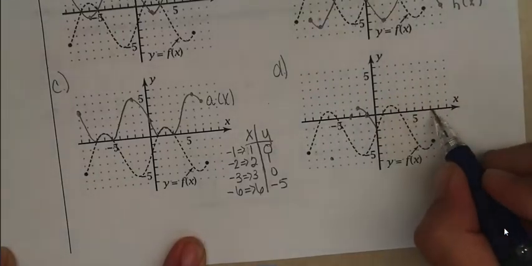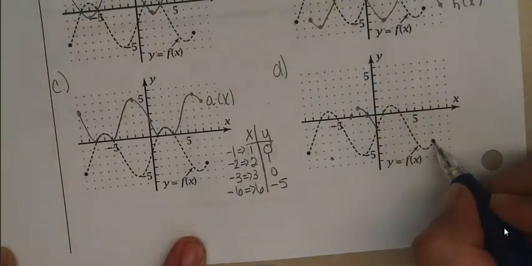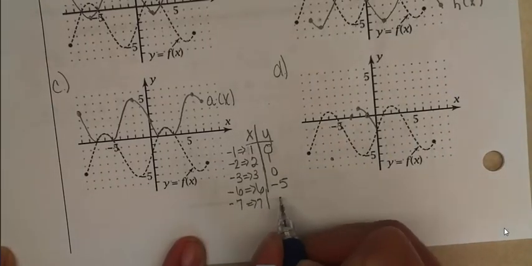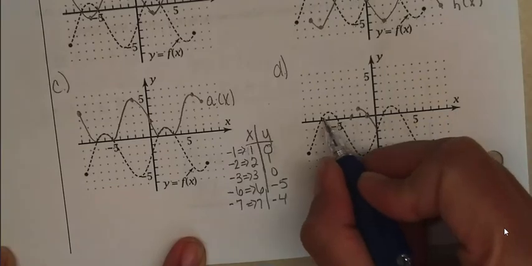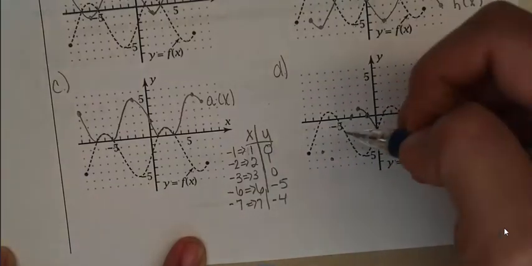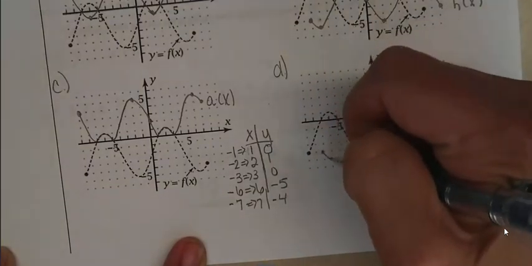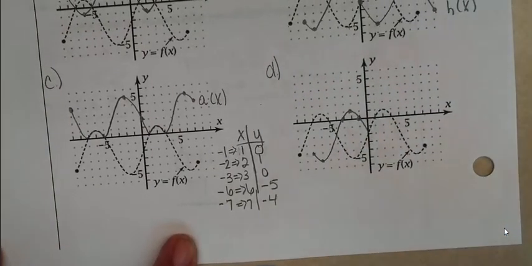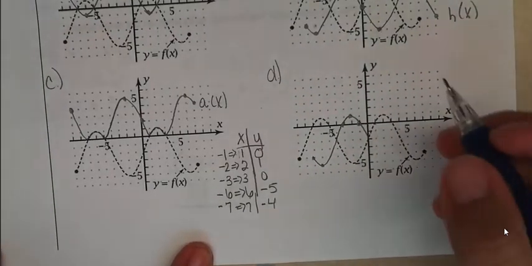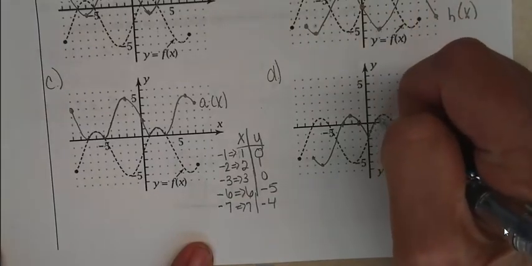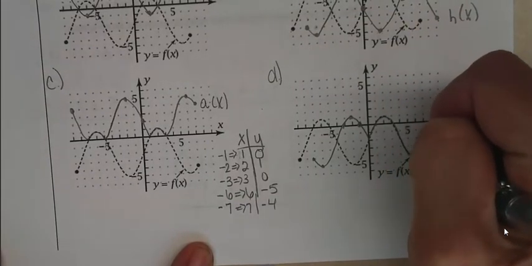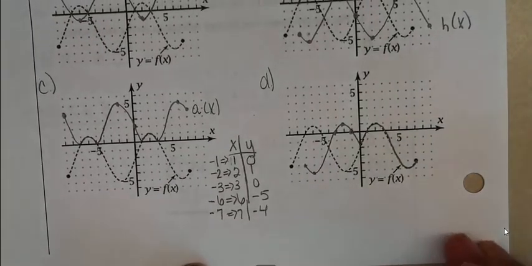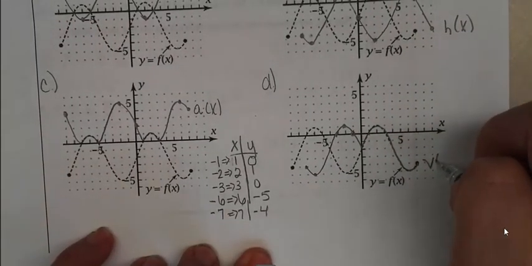And what else do we have here? 7, so my output was -4. So at -7, that really becomes 7, my output becomes -4. So it's going to be a reflection of this positive side. So we can keep the positive piece in that. Okay, and that was v of x.